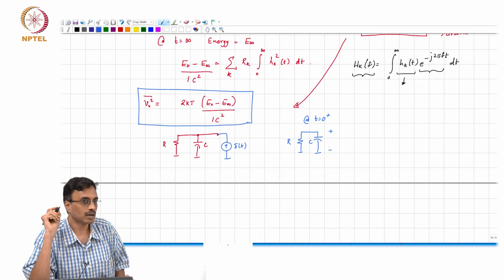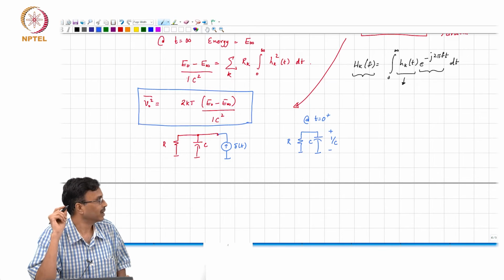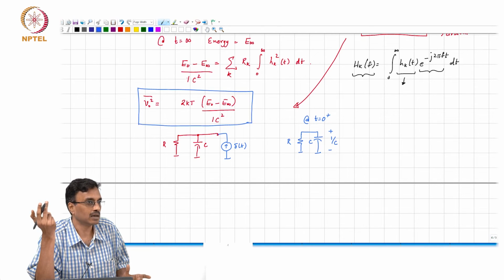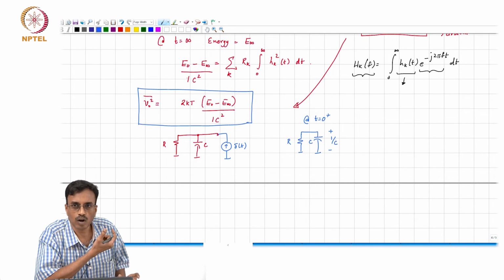So what is the voltage? 1 by C. Hey, dimensions, are we okay? What are the units of 1 by C? It's a voltage, so it must be volts.